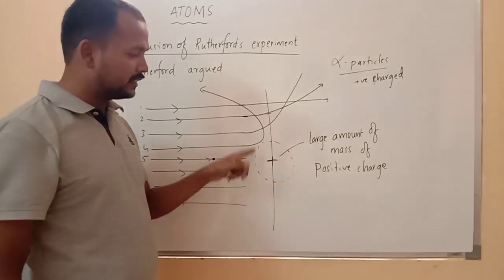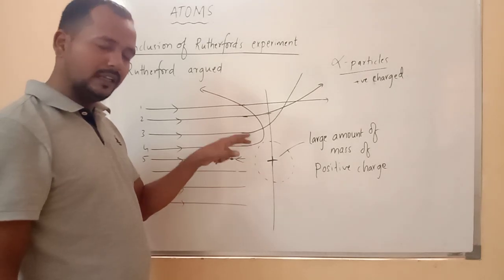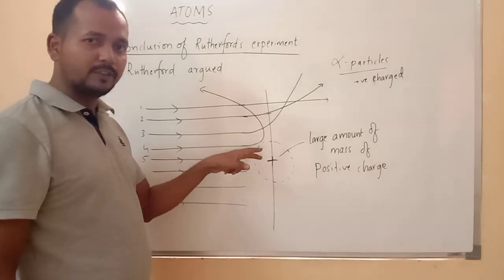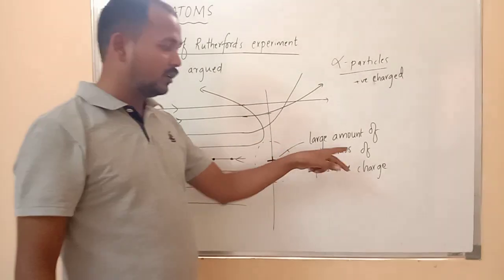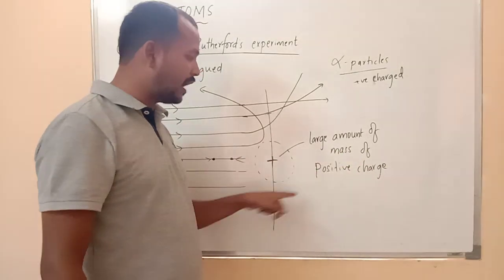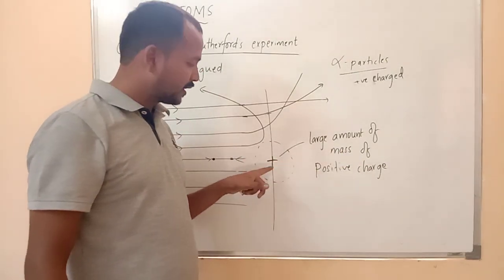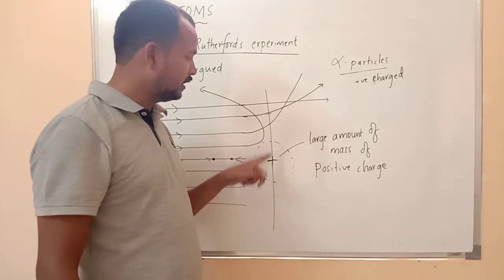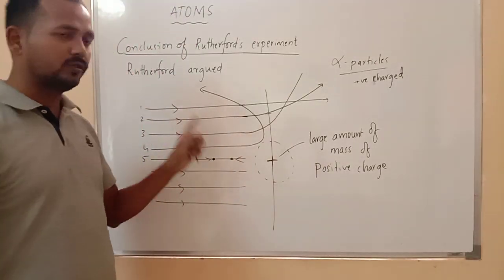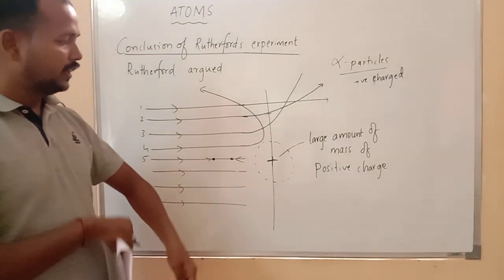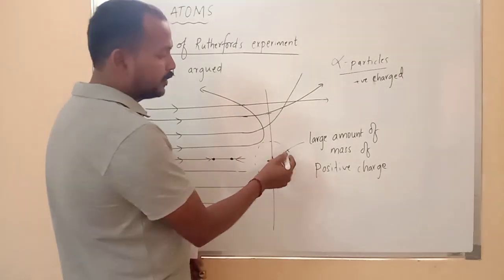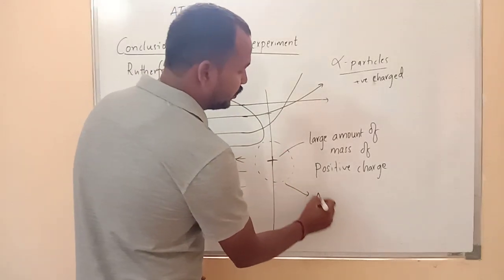So he said that in an atom, there is a central part with a large amount of positive charge, and the whole mass is concentrated at the center only. This is the conclusion of the Rutherford experiment. This central part was named the nucleus.